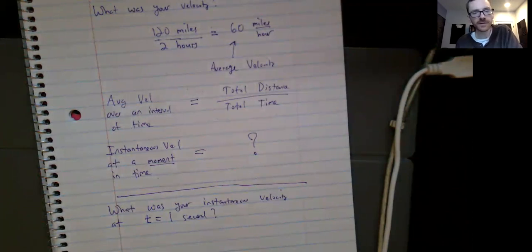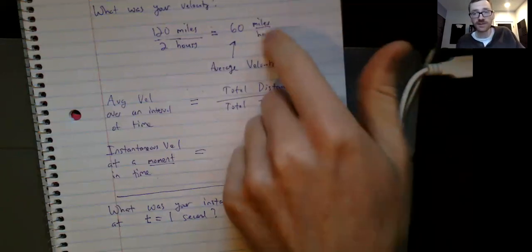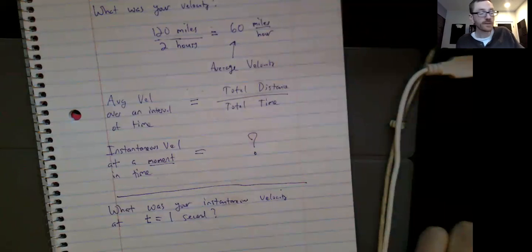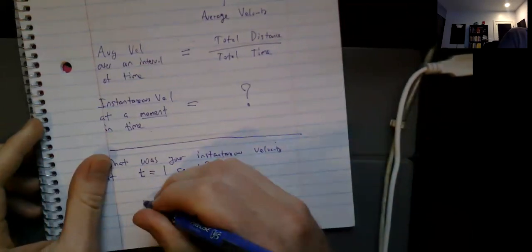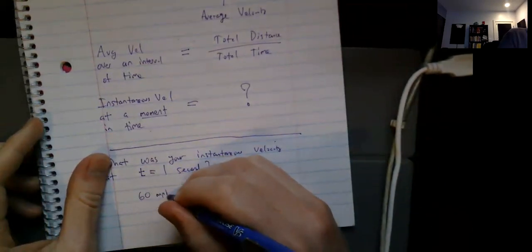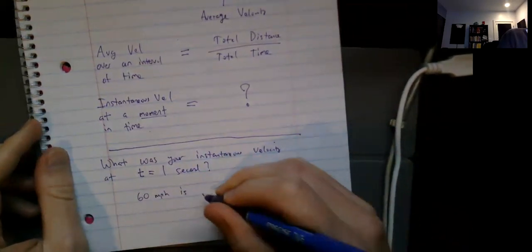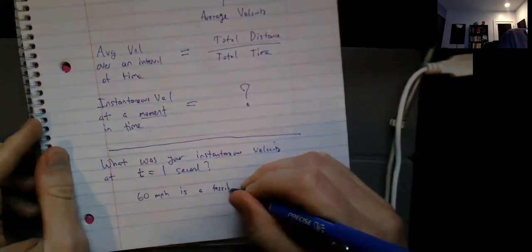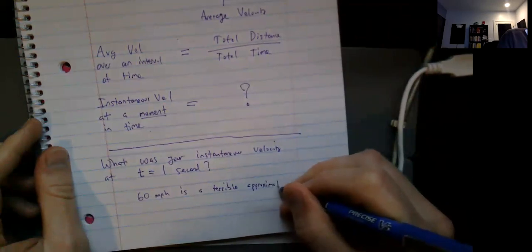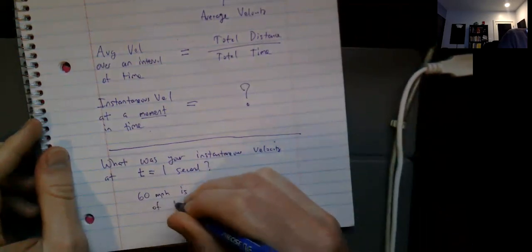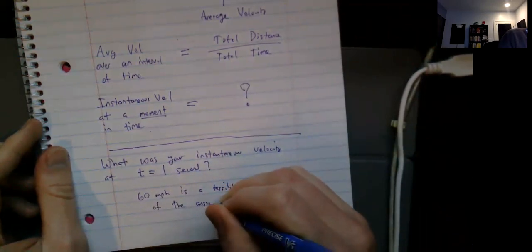You're not going 60 miles an hour. So whatever the answer to this question is, it's definitely not 60 miles an hour. In fact, it's nowhere close. So here's what I would say. I would say that 60 miles per hour is a terrible approximation of the answer.